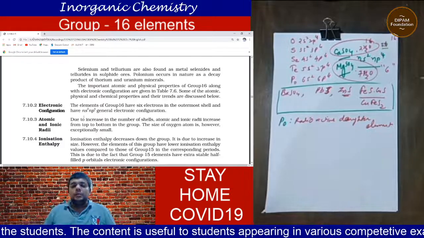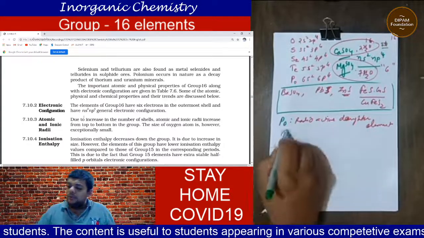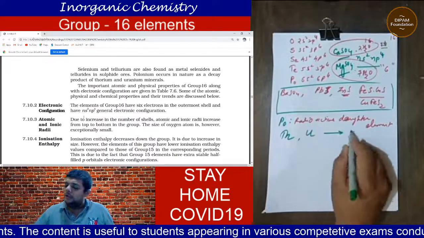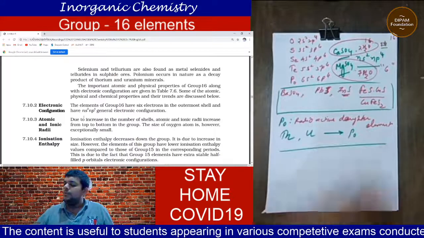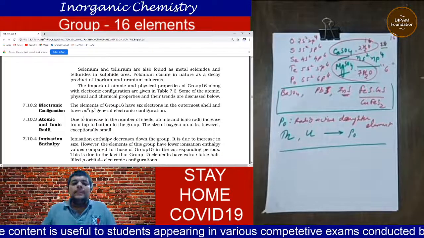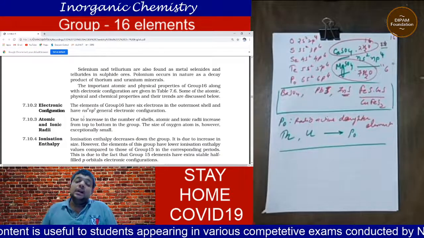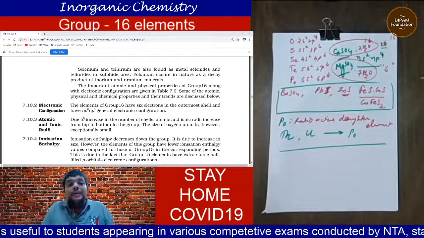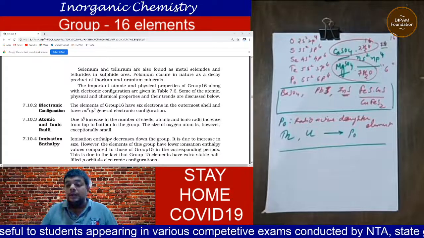Whenever we use the word daughter element, we must know that either thorium or uranium on radioactive decay gives polonium. So this is how we can discuss the sources from where we are made available with these important elements under study.